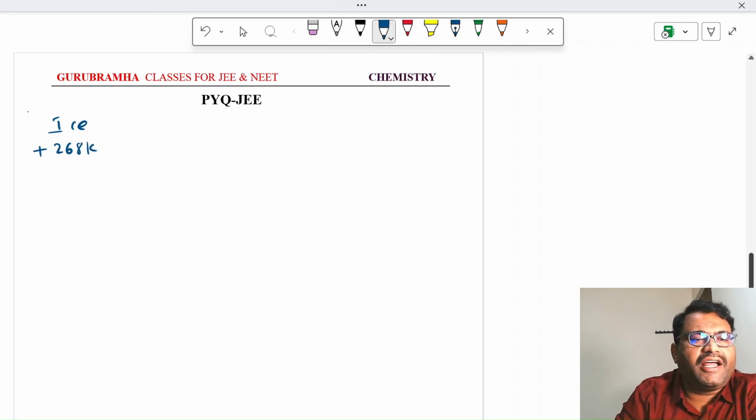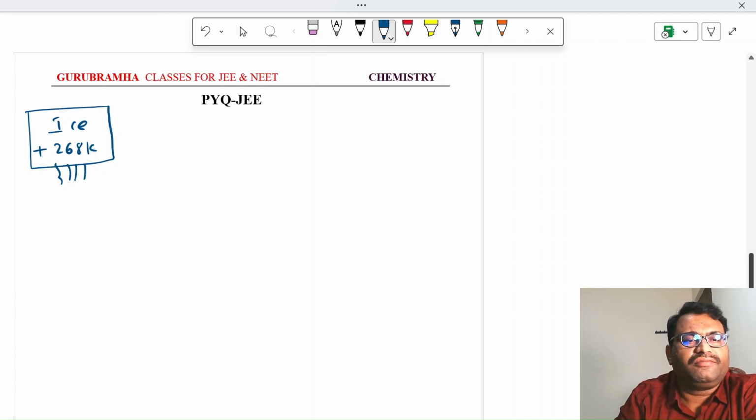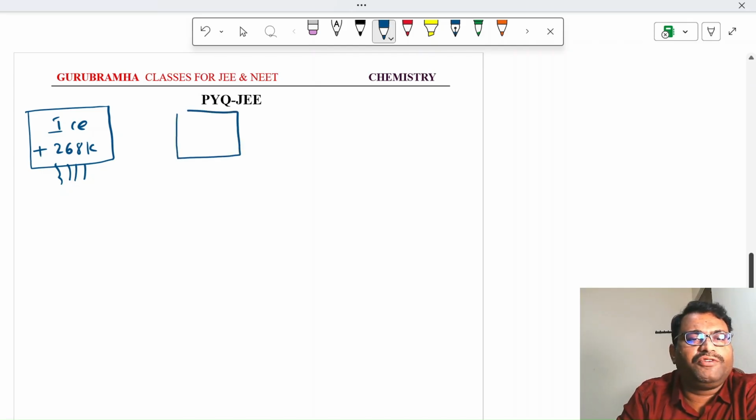If you heat ice at 268 Kelvin, what happens first of all? The ice will remain as ice up to its fusion point or melting point, 273 Kelvin.